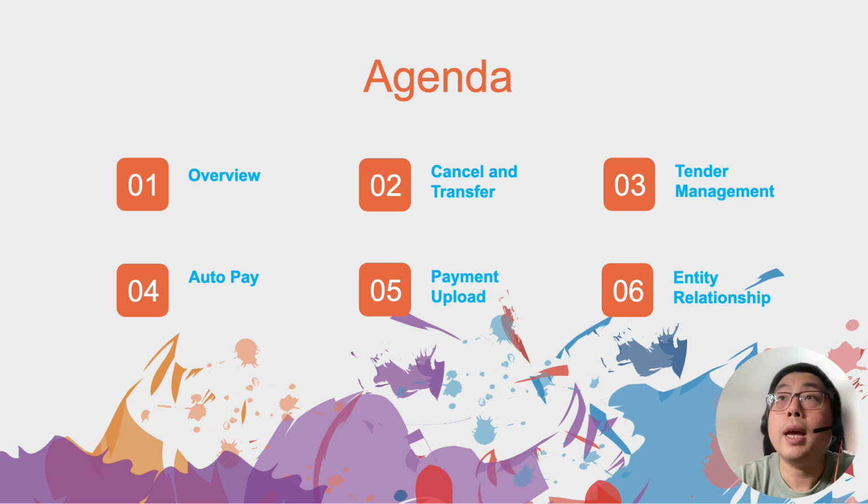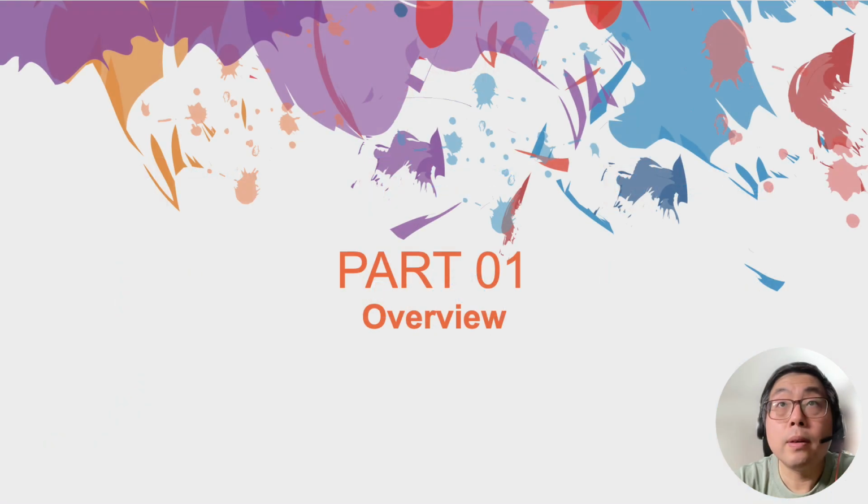Then we look at tender management, which today is still used by the system, though not that often, especially involving cash payments. And then we look at autopay, the payment upload, and last we will review the entity diagram. Okay, overview.